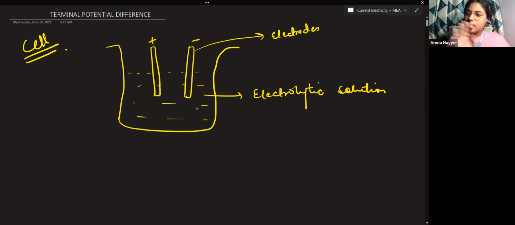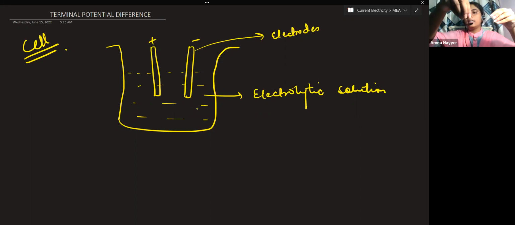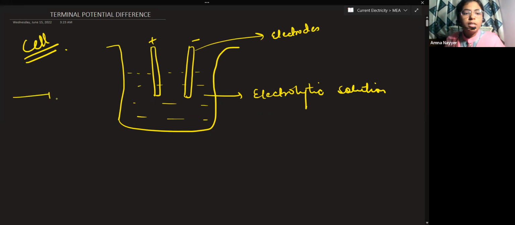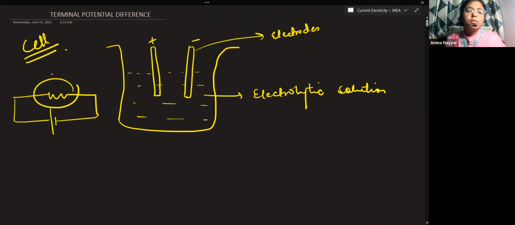See, resistors you have studied, those are external resistors which are connected in the circuit. Now there is an additional resistance that is offered by the cell. We always connect them to a cell, no? So apart from the external resistor, there is always an internal resistance offered by the cell. Sometimes we neglect it if it is very small.